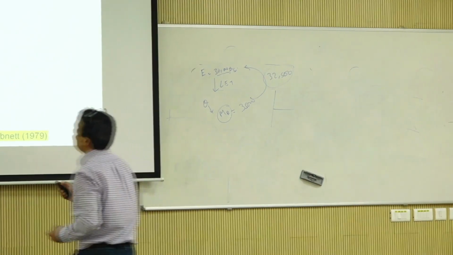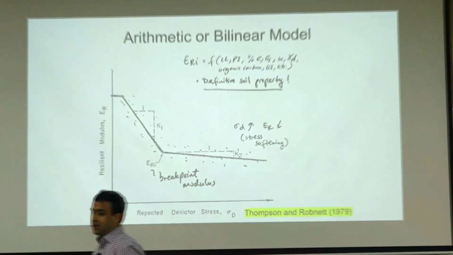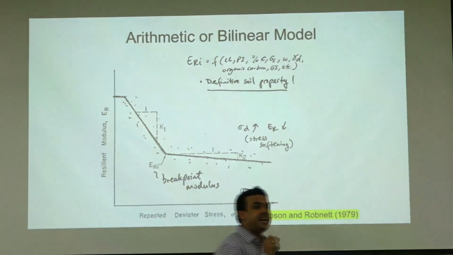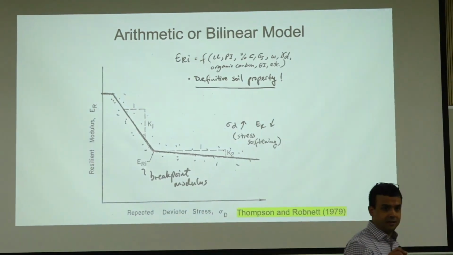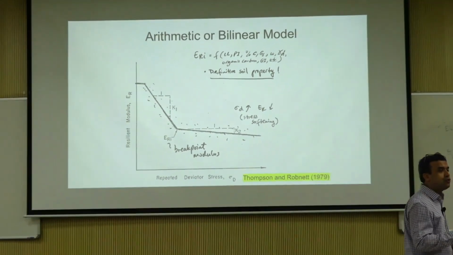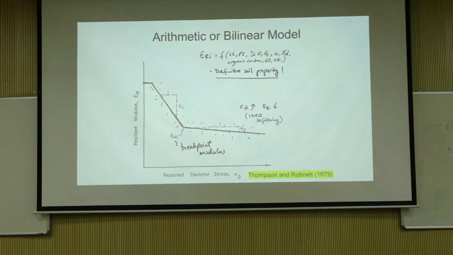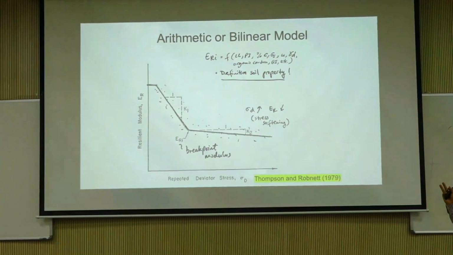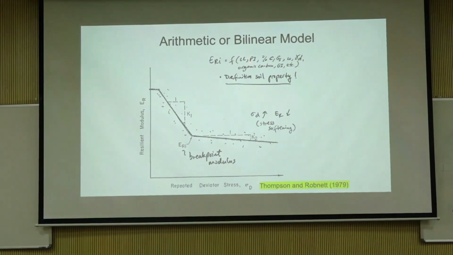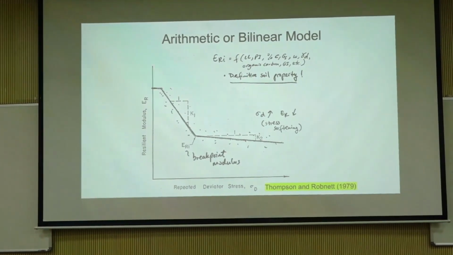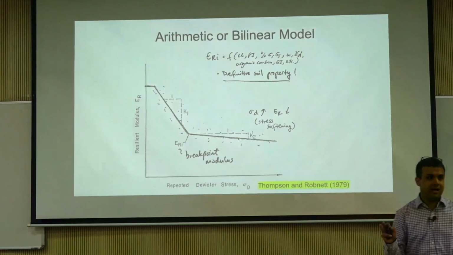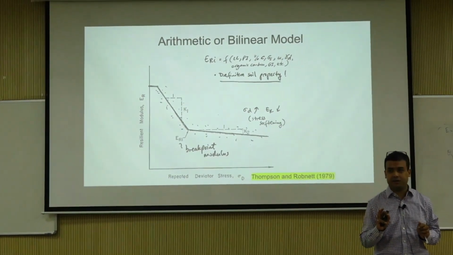Most subgrade soils, if you plot the resilient modulus against deviator stress, you see a kind of bilinear behavior. Now some people call it bilinear, some people call it piecewise linear. I'll leave it to the mathematicians to decide what it is.